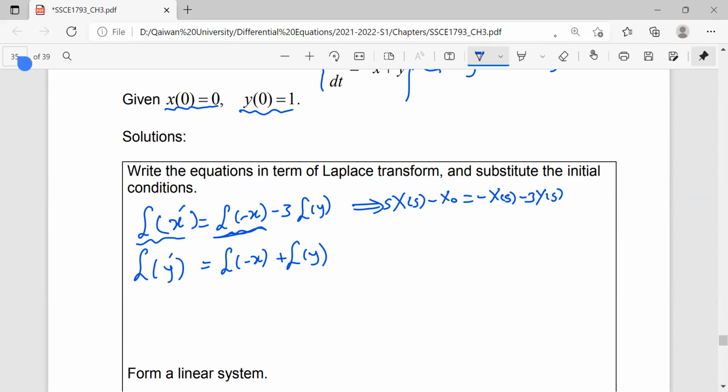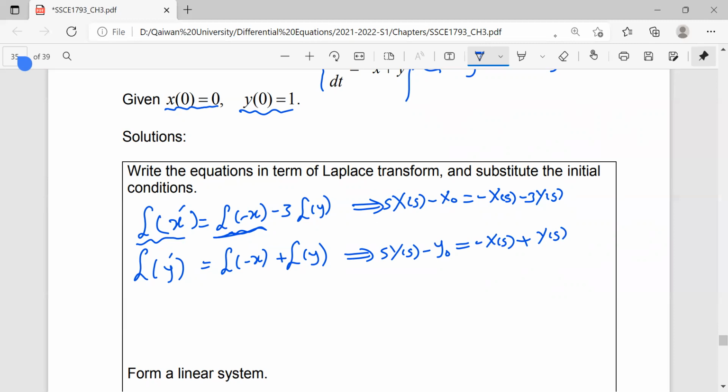So this is the Laplace transform for the first equation. And for the second equation, it's the same. The Laplace transform of y prime is s y of s minus y naught equals minus x of s plus y of s. We have these two equations.